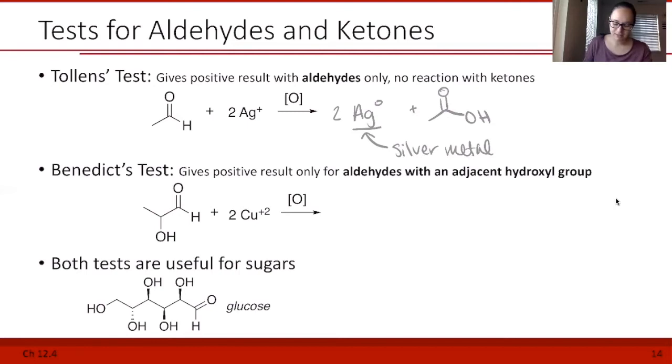So Benedict's test is a little bit different because it gives a positive result only if there's an aldehyde with an adjacent hydroxyl group. So here you see how there's an aldehyde, and next to it there's a hydroxyl group, an alcohol. We add Cu2+ and an oxidant, then we overall get Cu2O, copper oxide, plus our oxidized aldehyde.